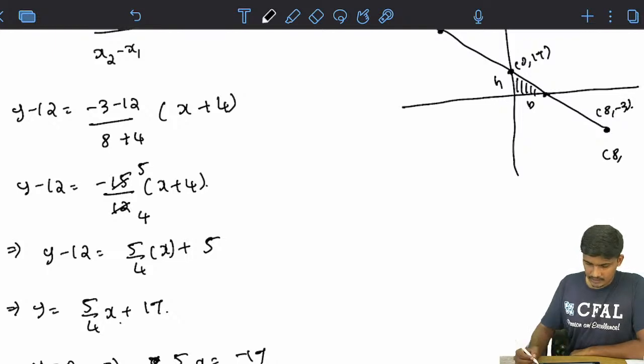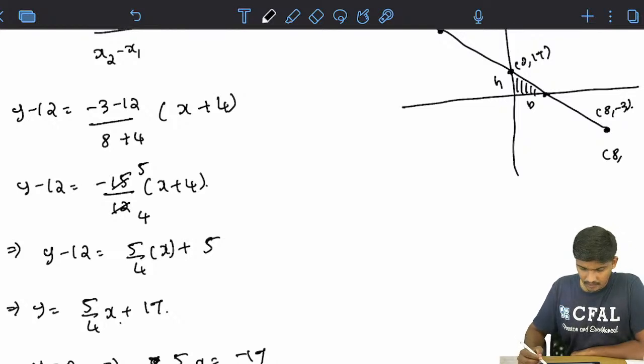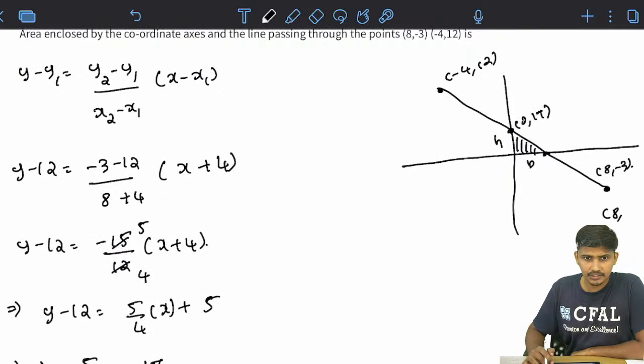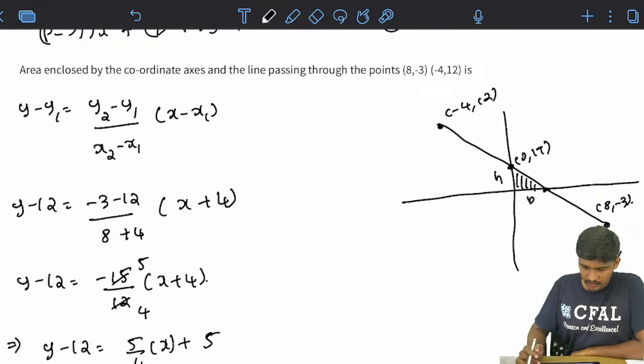I think we have made some calculation error in between. Let's see what we have done. Once again, y minus y1 is equal to y minus 12, which is equal to (minus 3 minus 12) divided by (x plus 4) into x plus 4.